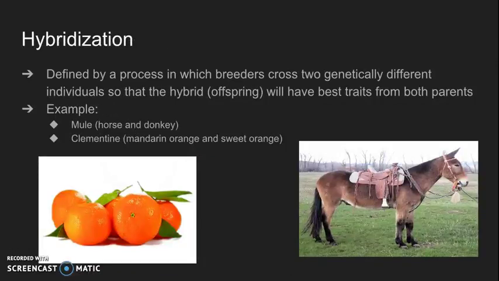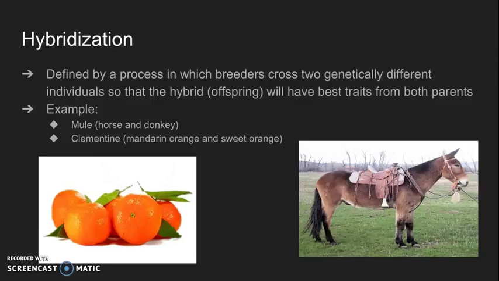The next thing I want to give you background on is hybridization. It's very similar to selective breeding, but slightly different because this process is where breeders will cross two genetically different individuals so that the hybrid or the offspring will have the best traits from both parents.